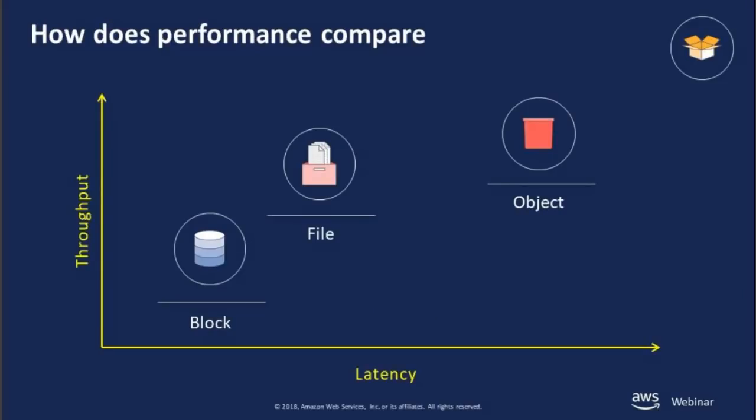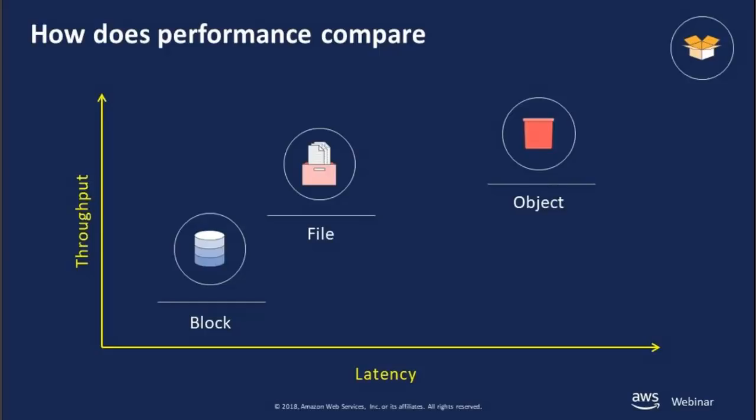So how does file data compare to some of the other storage types within AWS? Here we see block, file, and object storage, and we see how they relate to each other in terms of throughput and latency. We see that block storage has really the lowest latency of the three storage types, but it's unable to get the throughput that file and object have to offer.